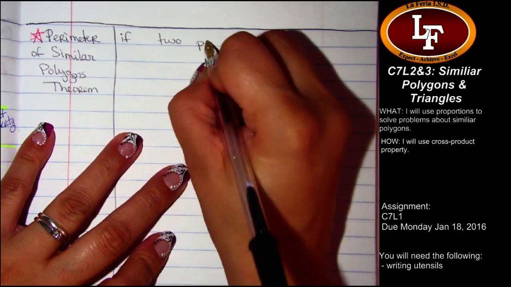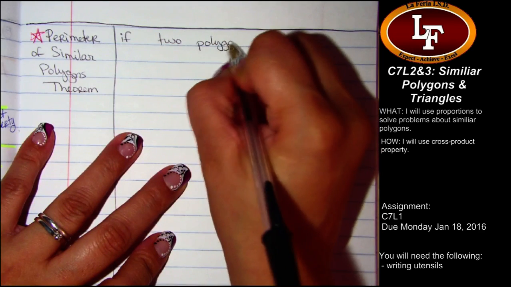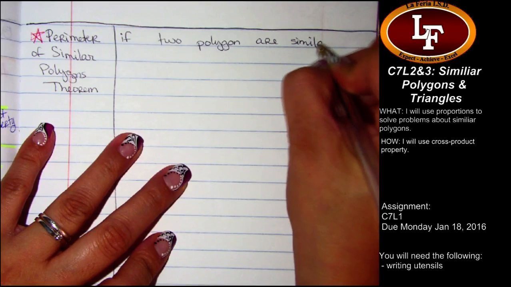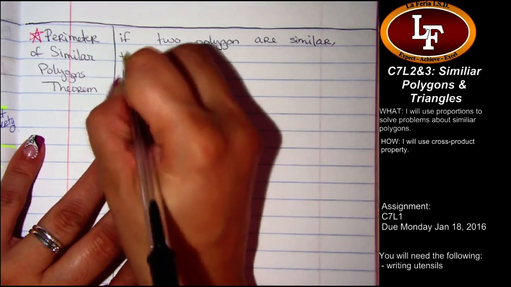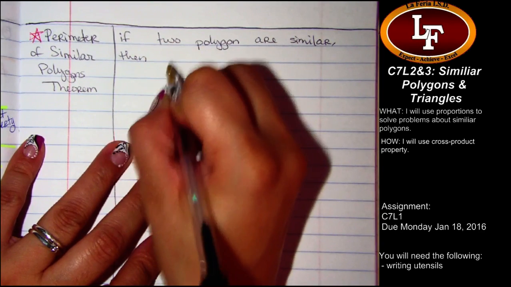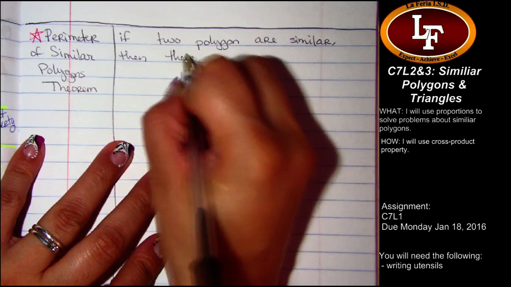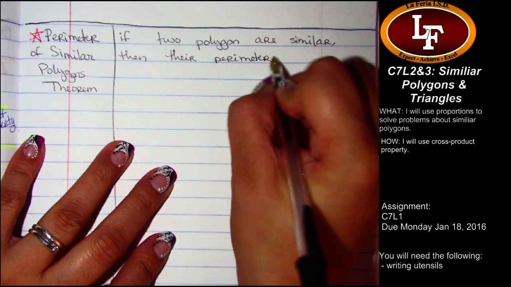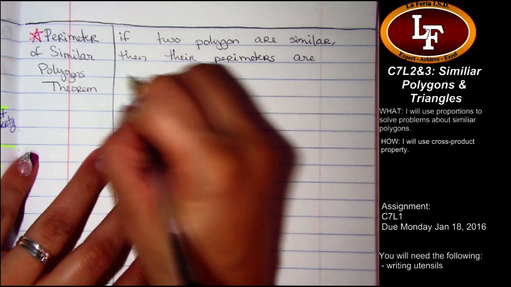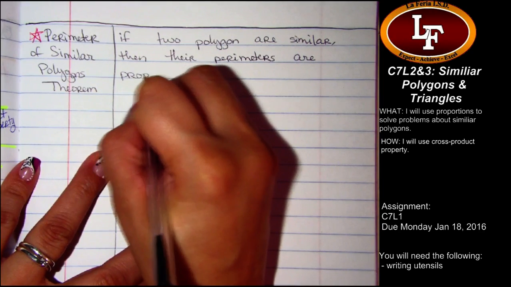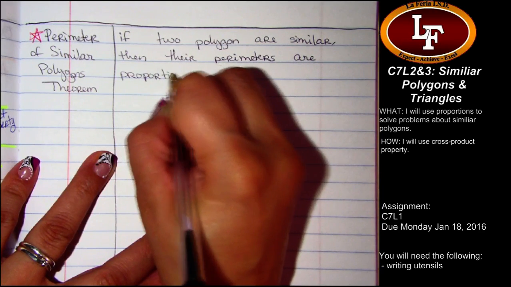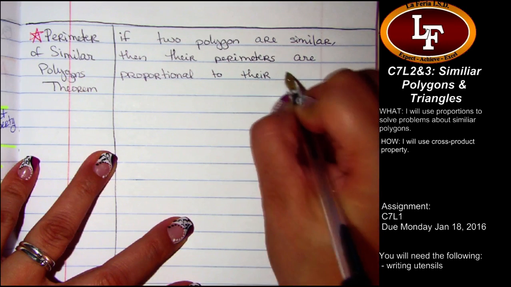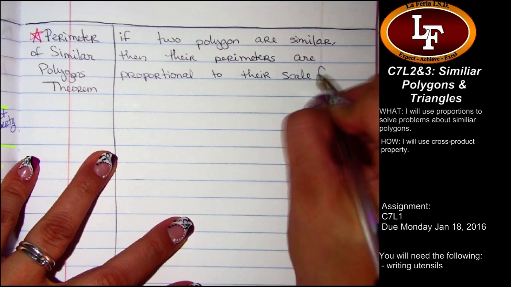If two polygons are similar, then their perimeters are proportional to their scale factors.